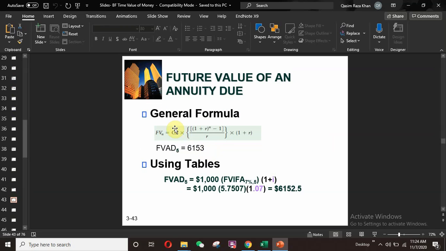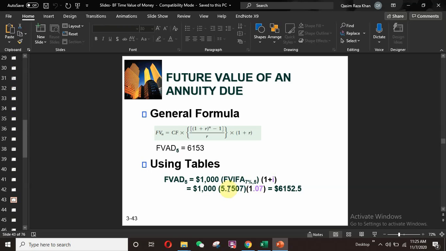So we simply put the values in the formula, the general equation, same like the previous problem. So FVN is equal to CF multiplied by (1 plus R to the power n minus 1) divided by R, multiplied by 1 plus R. So the future value of this investment plan under the annuity due is $6,153, and using the table we can also find the future value of the annuity due.